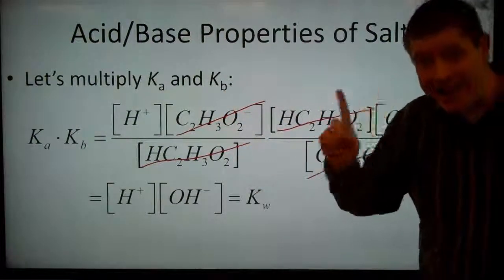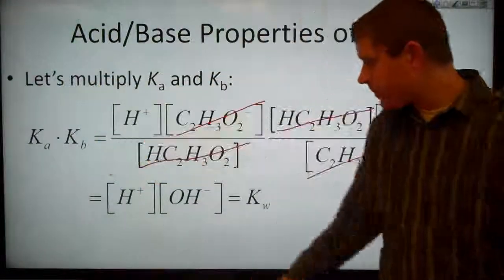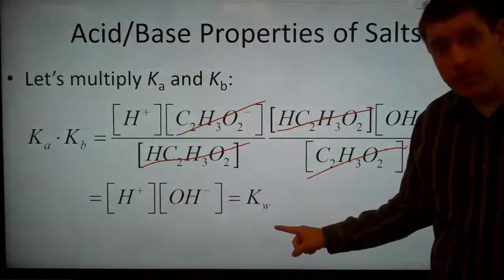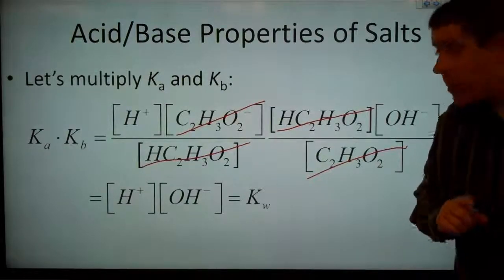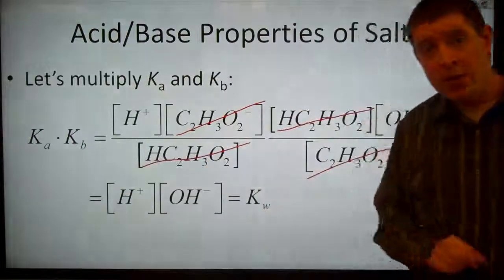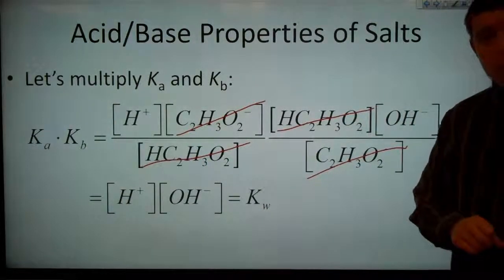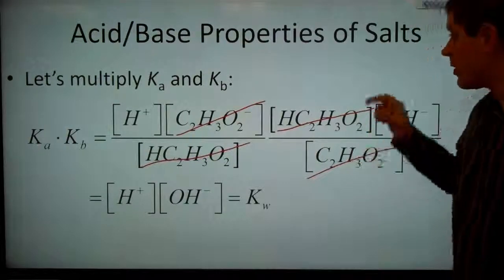Which means that for any acid, Ka times Kb is equal to Kw. So, now we have a way of relating Ka for some acid to the Kb for its conjugate base, using the autoionization constant of water.